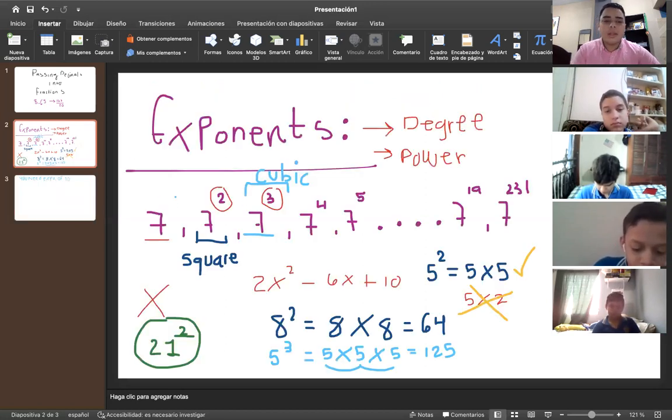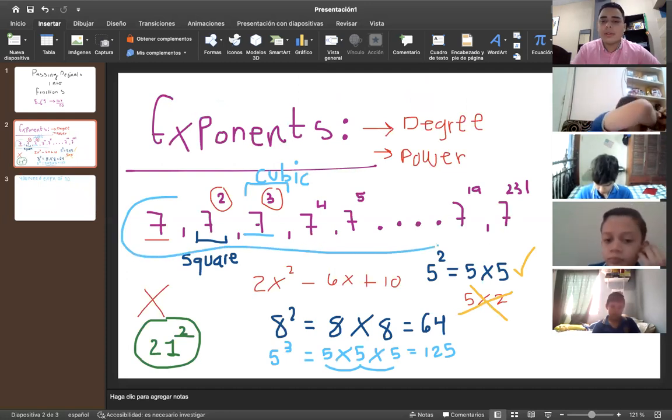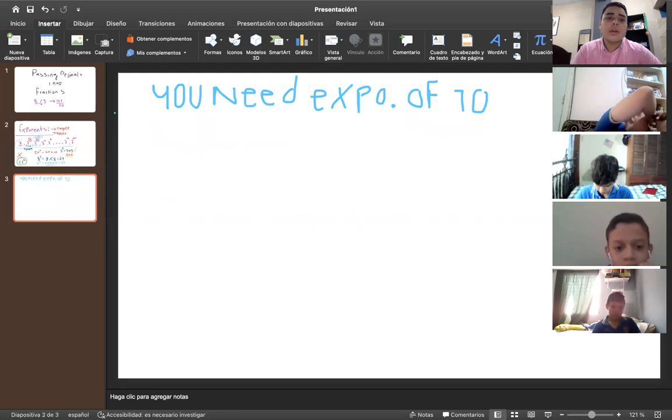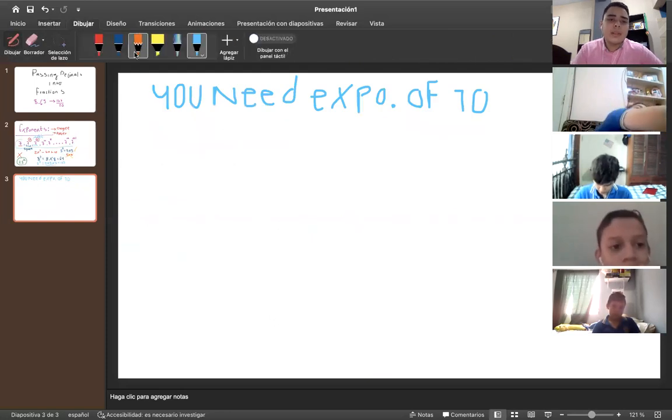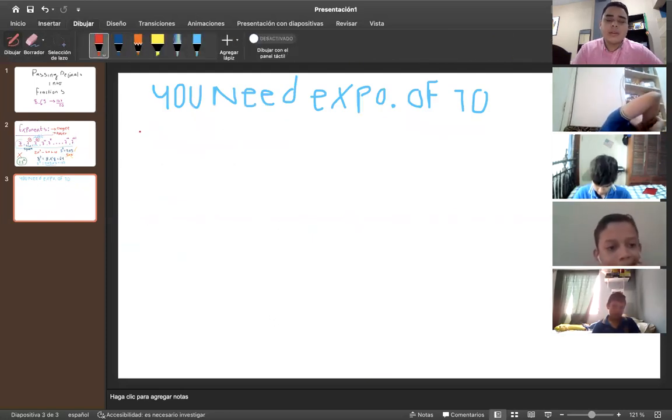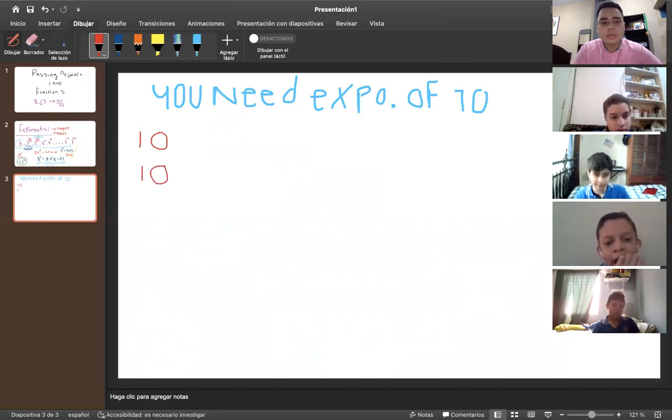For example, in here, I wrote all the exponents of number 7. So we're gonna get the exponents of 10. The first one is going to be 10. How do we call the second one? 10 elevated to 2, or 10 squared.